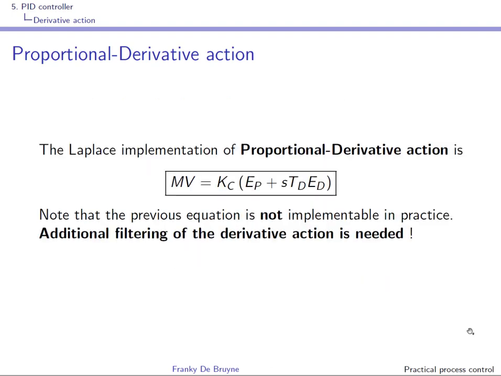If you go to the Laplace domain and you set the bias to 0, this is the implementation that you obtain. And as you can see, this is not implementable in practice, because at high frequencies the noise on the derivative error, and there is always high frequency noise present, will be amplified too much.